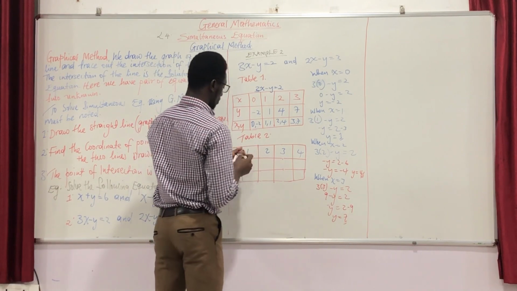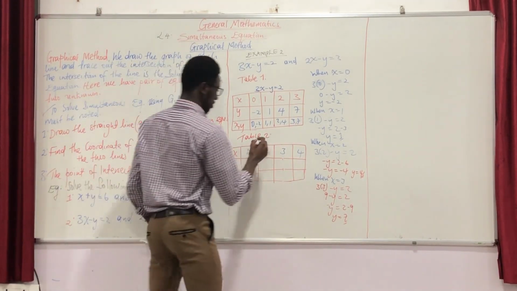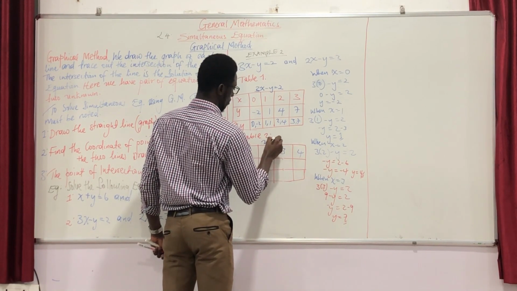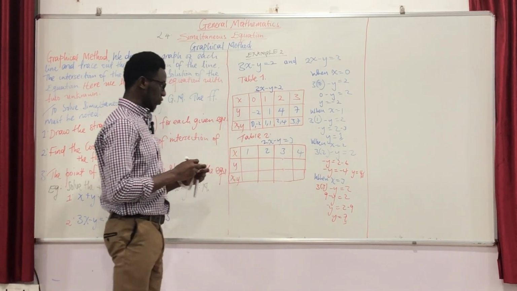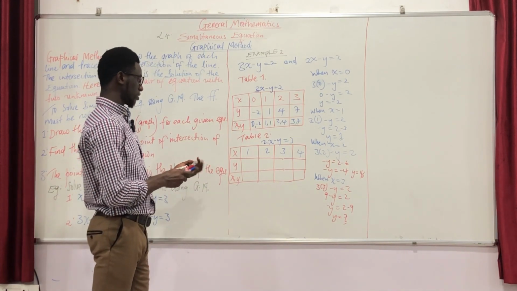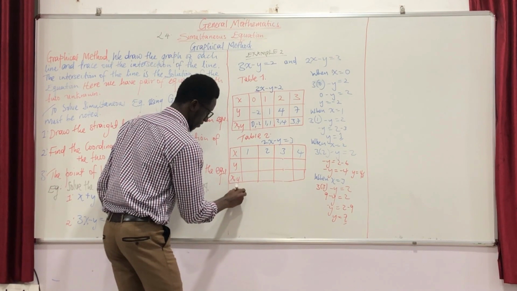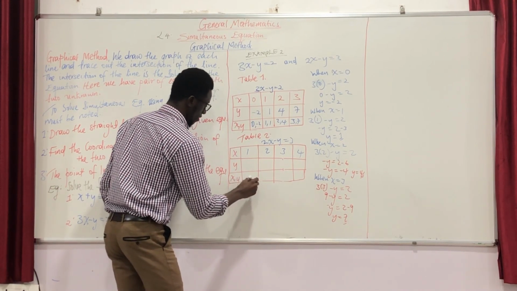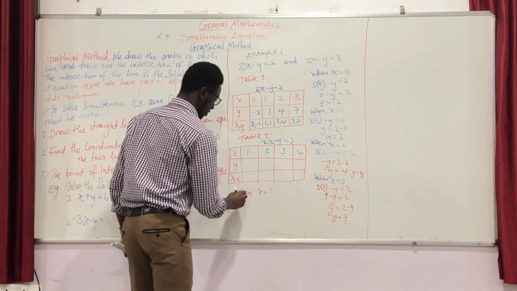Now our equation is 2x minus y equals 3. So again, let's try to solve this. When x equals 1, what is y?